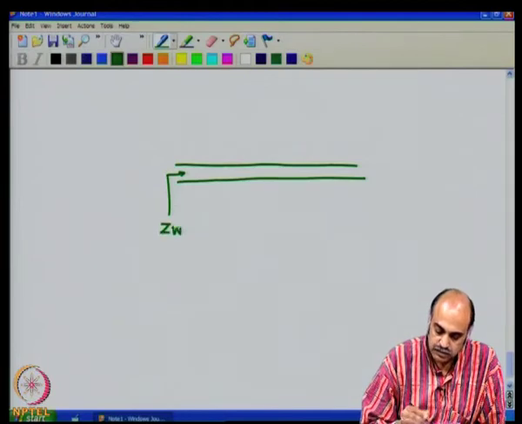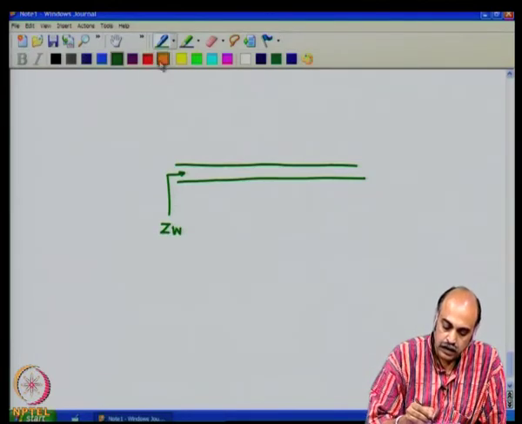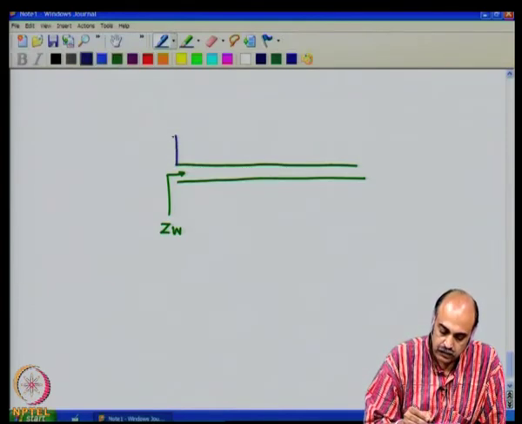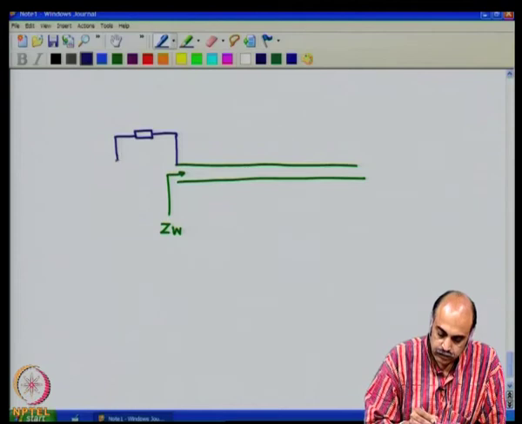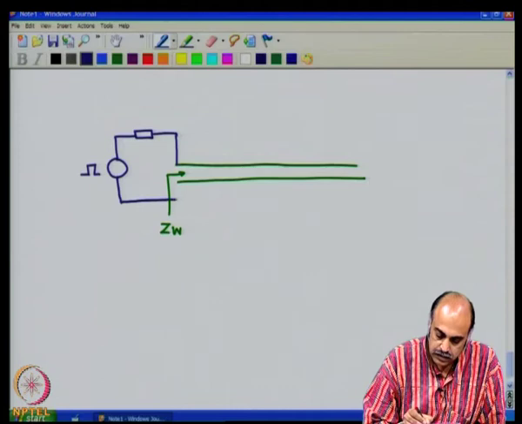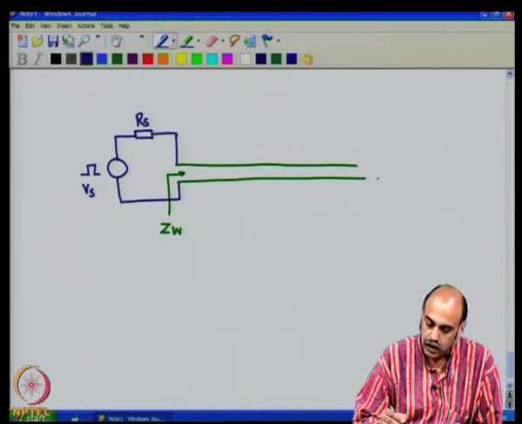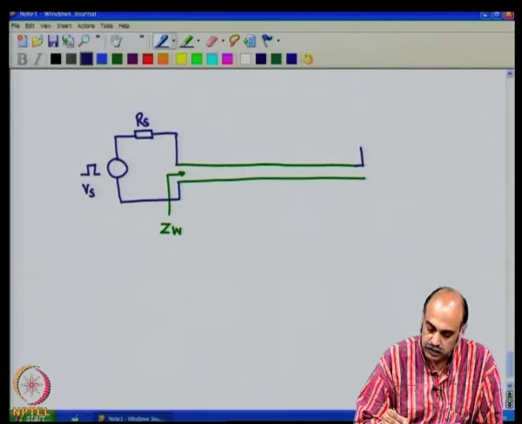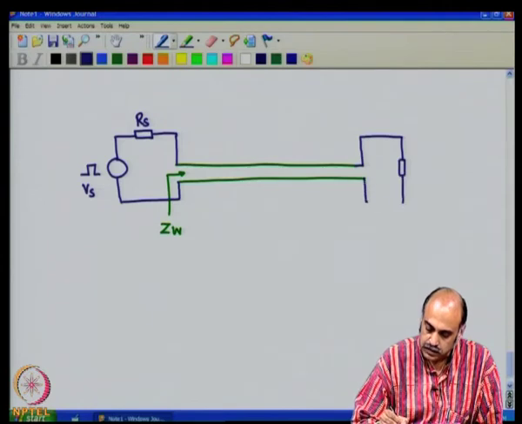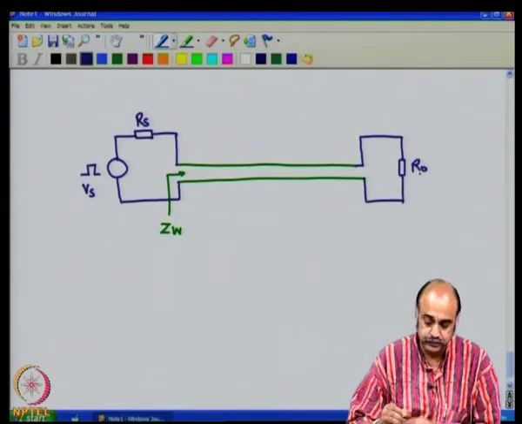These tracks become transmission lines, and at one end of the transmission line we have the source side impedance, or the source impedance R s, and on the other side of the transmission line you have the load impedance termination R naught.